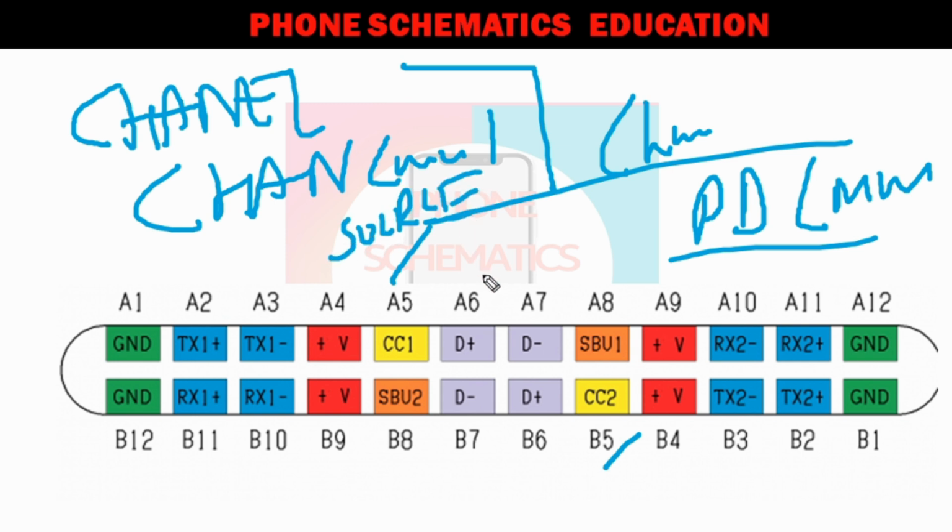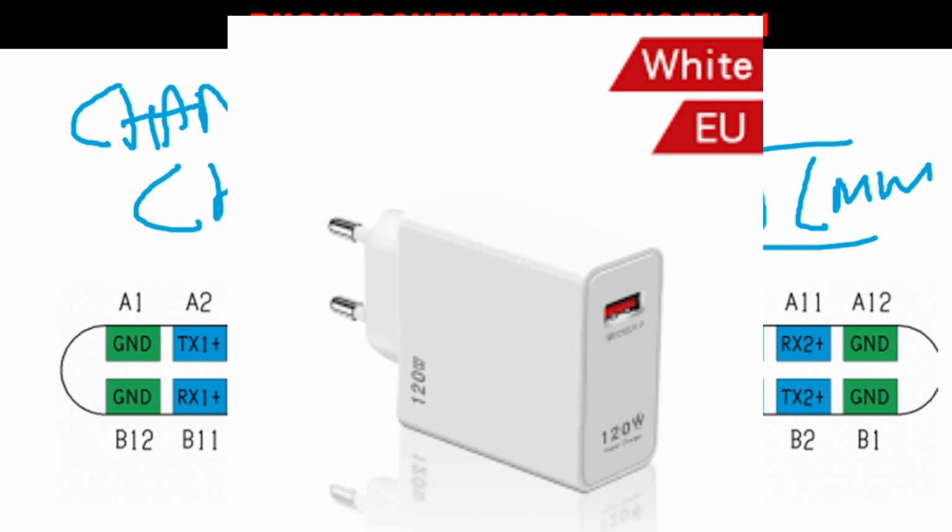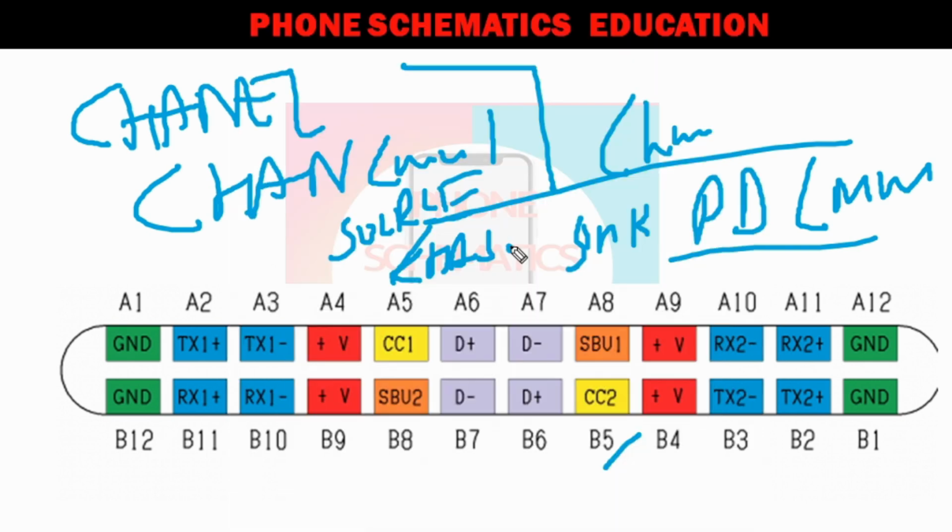Suppose your mobile phone is a sink and your charger is a source. So from source to sink, through this pin, the PD status tells how many volts and amperes.